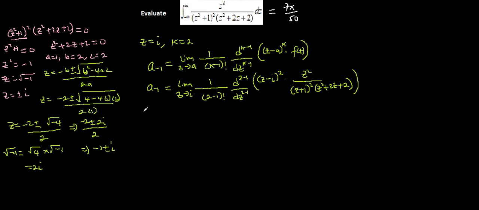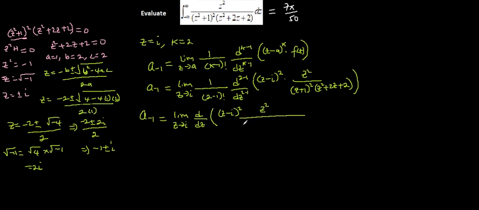So let's simplify this further. We're going to have this to be limit as z tends to i of 1 over 1, so we're going to have d dz of (z minus i) squared.